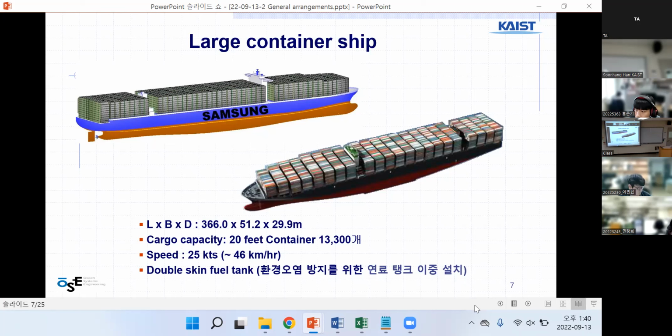And cargo capacity is 13,300 TEU. Oh, sorry for the Korean language. Speed 25 knots is around 50 kilometers per hour. And double skin fuel tank. Can you explain what it means? Double skin fuel tank.